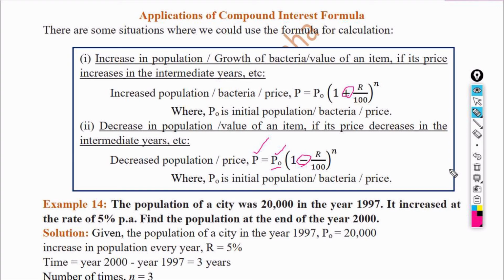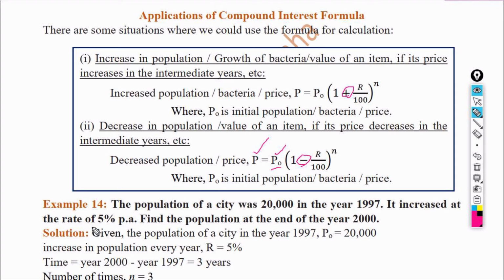Now here is example 14. The population of a city was 20,000 in the year 1997. It increased at the rate of 5% per annum. Find the population at the end of the year 2000.